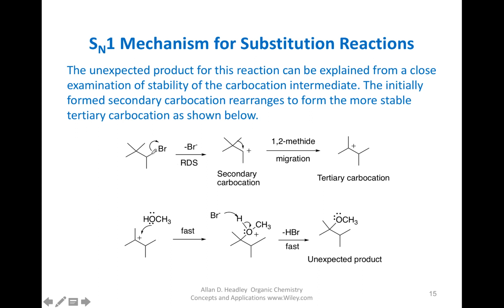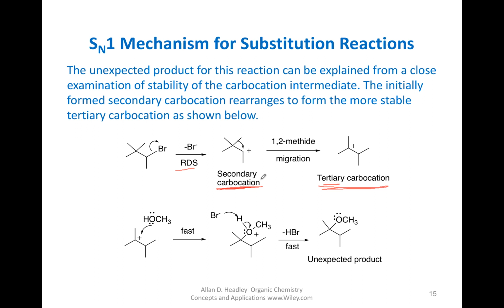In this case, the bromide comes off in the RDS as expected, but it forms, as shown, a secondary carbocation, which is the same as shown on the previous slide. Here's the key. This secondary carbocation can rearrange to give a more stable tertiary carbocation.